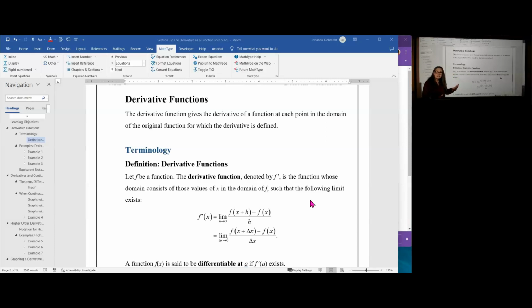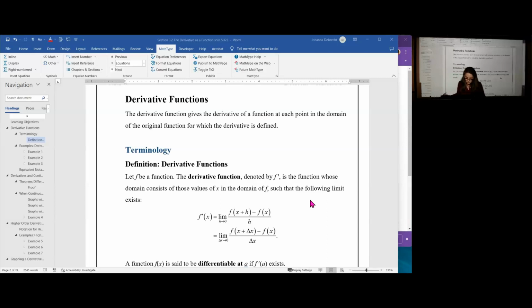The derivative is still the limit of the difference quotient. In this case, instead of using a plus h, we use x plus h. But otherwise, the formula is the same. We tend to use either the x plus h or x plus delta x. We don't use the other definition because we don't have a value of a.